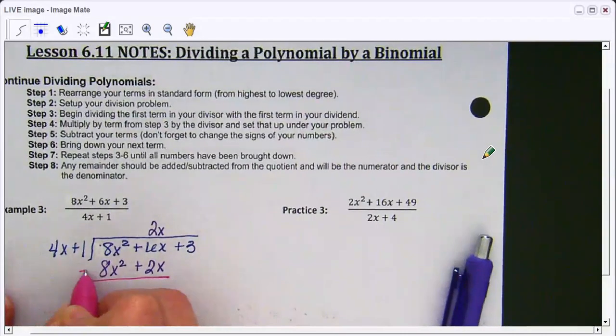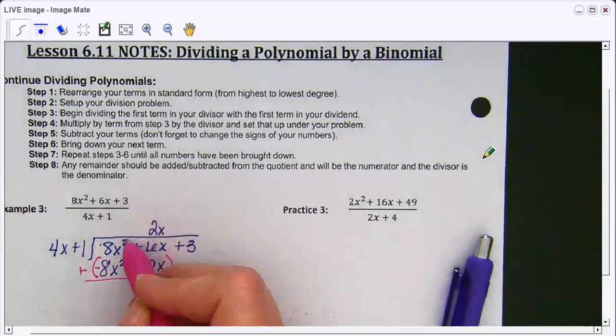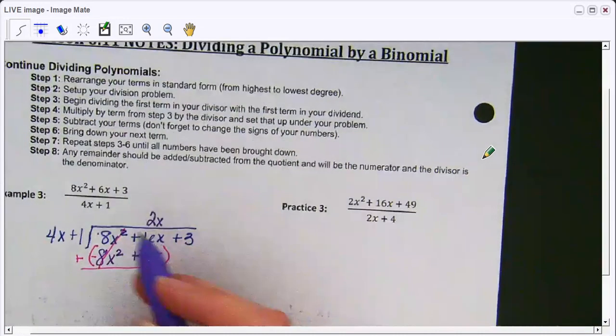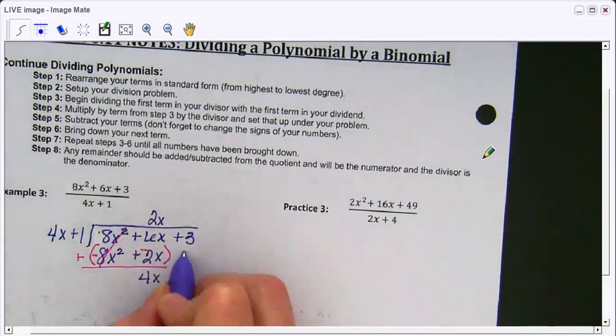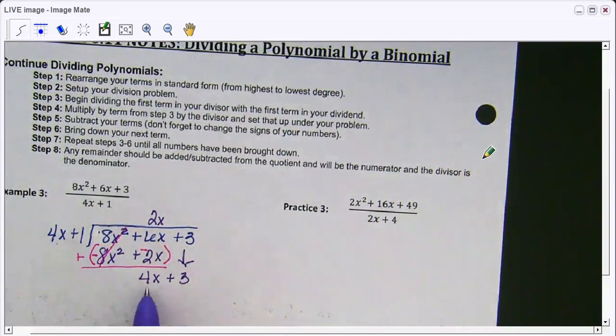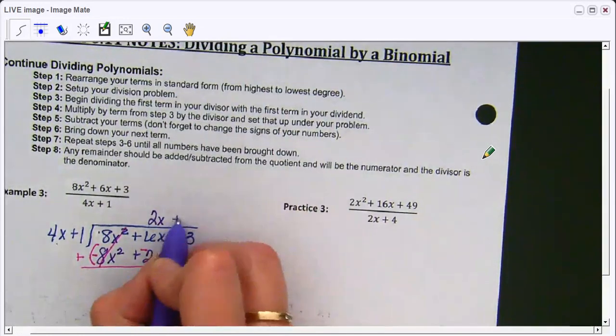Okay, now we're going to subtract this. And these cancel out, and you're left with 4x, and you bring down your positive 3. And then 4x goes into 4x one time.